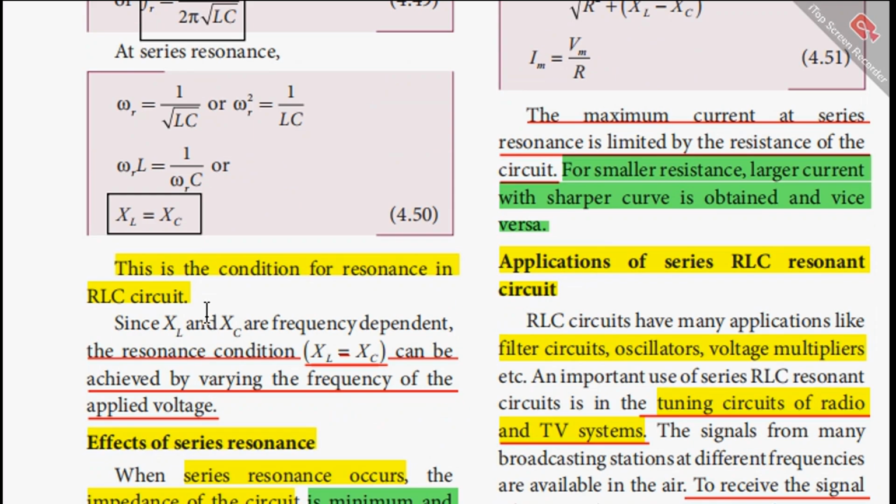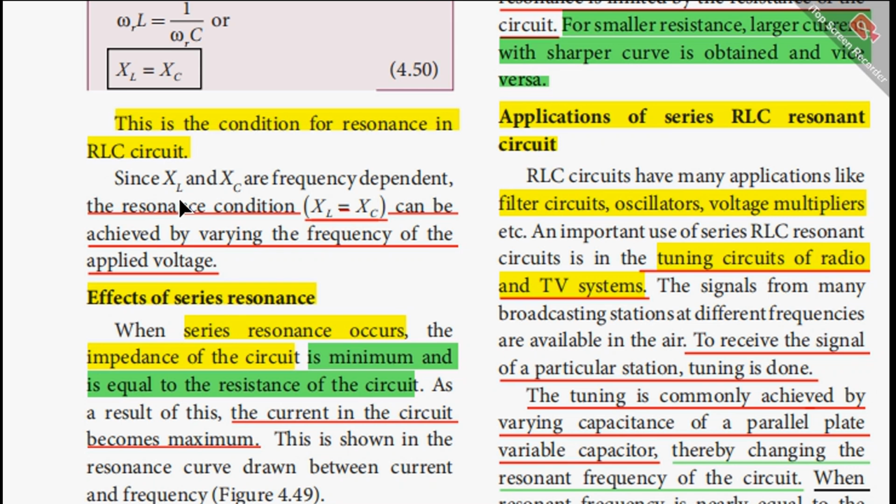So this is the condition for resonance in an RLC circuit. That means the value of XL should be equal to that of XC. Since XL and XC are frequency dependent, the resonance condition XL equal to XC can be achieved by varying the frequency of the applied voltage.